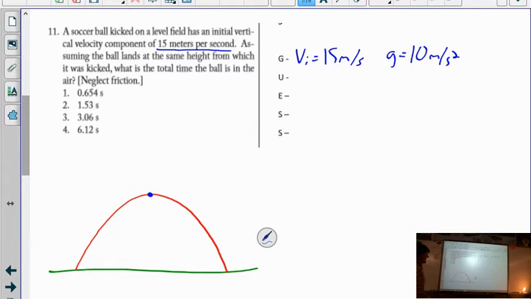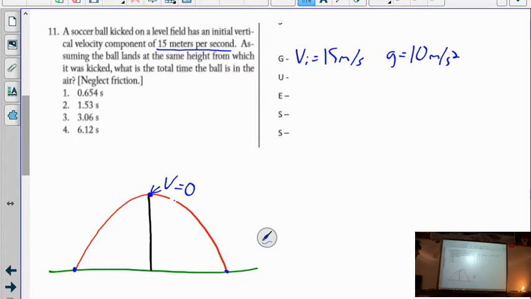I know when it's there, its velocity is 0. And then I also know when it's here, it will be traveling at the same speed as it was here. To kind of do it that way gets a little bit confusing. So I'm going to concentrate on this right here, that halfway through, its V here is going to be 0.